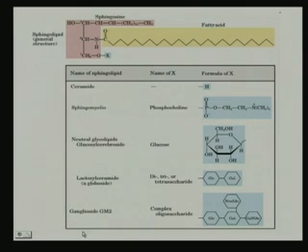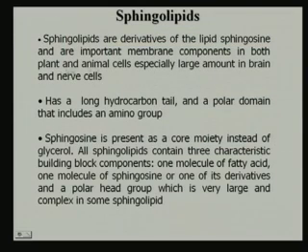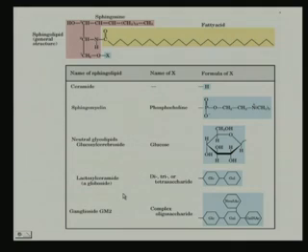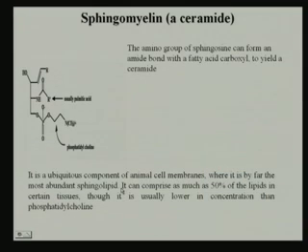Other examples of sphingolipids are sphingomyelin, neutral glycolipid, etc. In the sphingolipid, the sphingosine moiety is within this, replacing the glycerol of the other type of lipid. All sphingolipids contain three characteristic building block components: one molecule of fatty acid, one molecule of sphingosine, and one of the derivatives of the polar head group, which is very large and complex in some sphingolipids. So these are some examples of the sphingolipid.